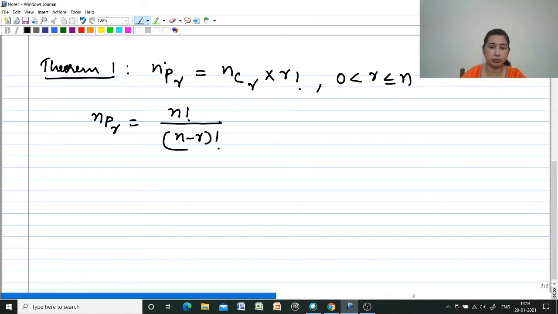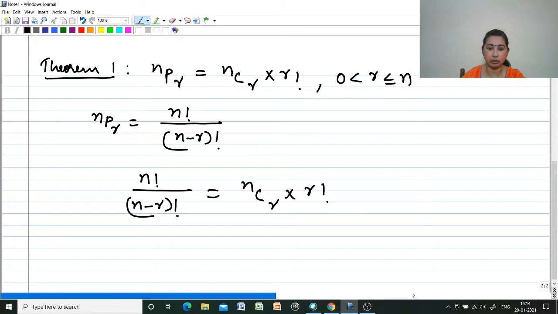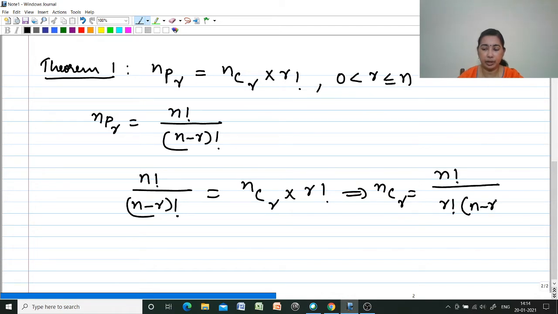So instead of nPr I am writing n factorial by (n minus r) factorial, which is equal to nCr into r factorial, or nCr is equal to n factorial divided by r factorial into (n minus r) factorial.